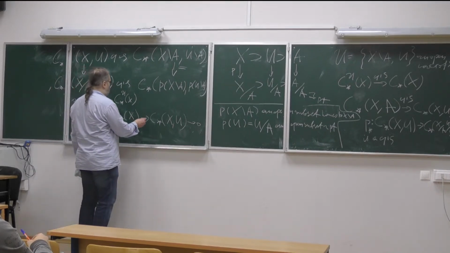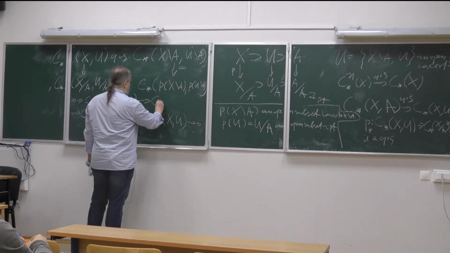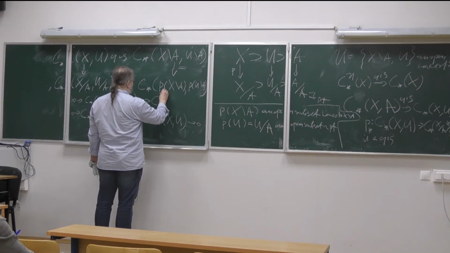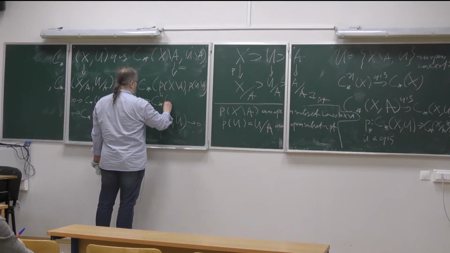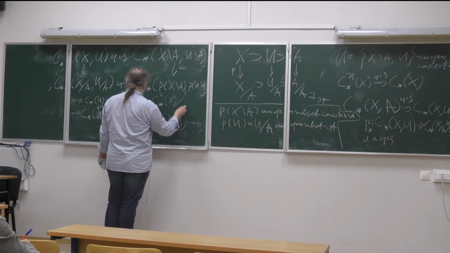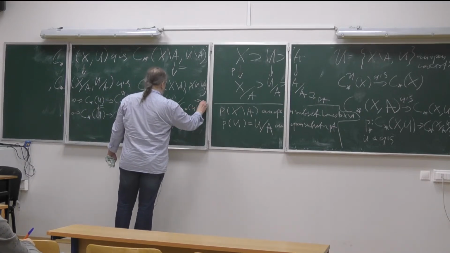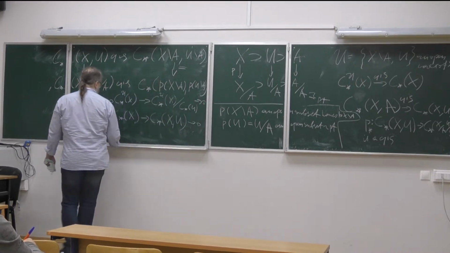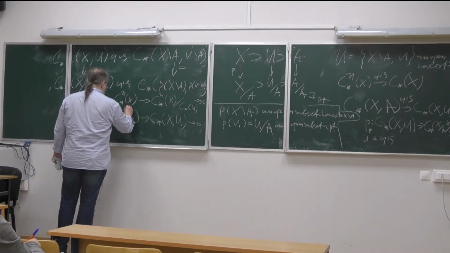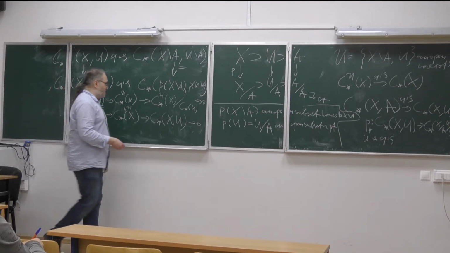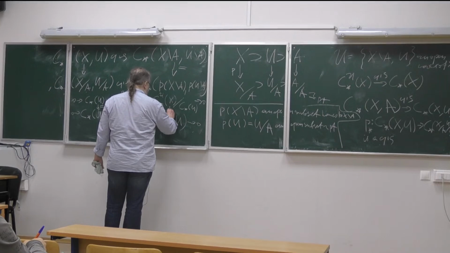This is easier. C_U of X mod C lower star of U is zero. Okay, so this is an isomorphism. This is a quasi-isomorphism.